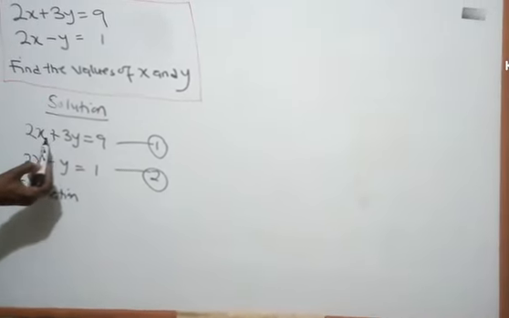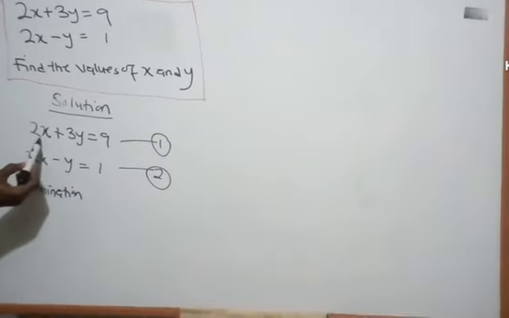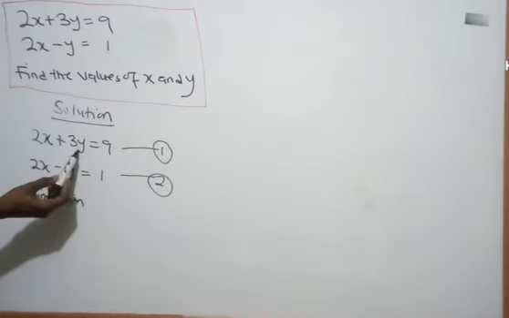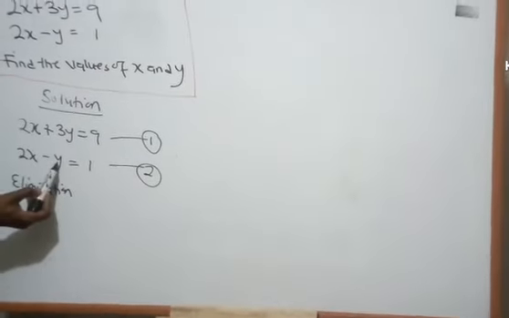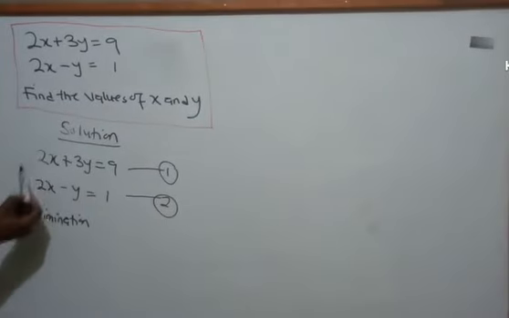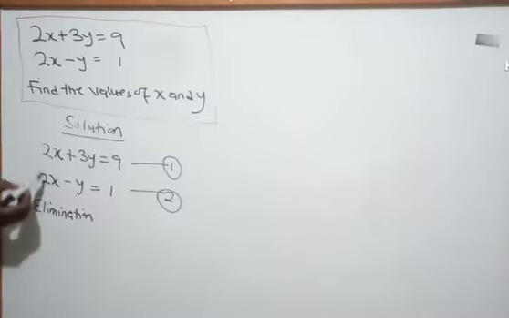The other one. So you look through the equation and see that we have 2x here, we have 2x in the second equation, we have 3y here, we have y here in the second equation, we have 9 here, we have 1 here. So when we look through, we've realized that we have 2x here and 2x here.